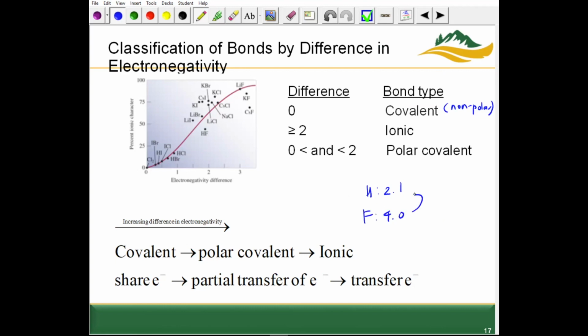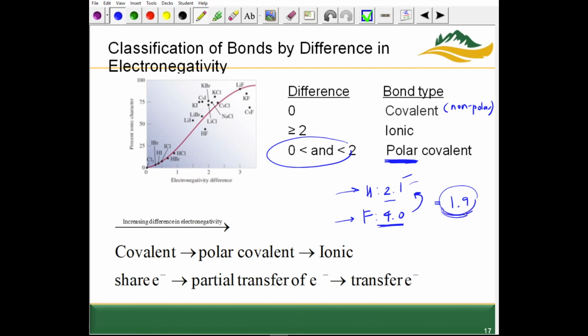The difference in electronegativities, 4.0 minus 2.1, is about 1.9. This difference falls in the range of a polar covalent bond. We'll see more electron density around fluorine, with a higher electronegativity, compared to the electron density around hydrogen, with a lower electronegativity.